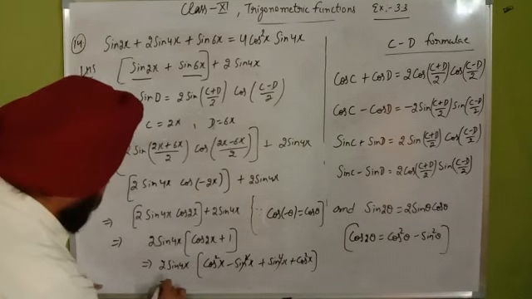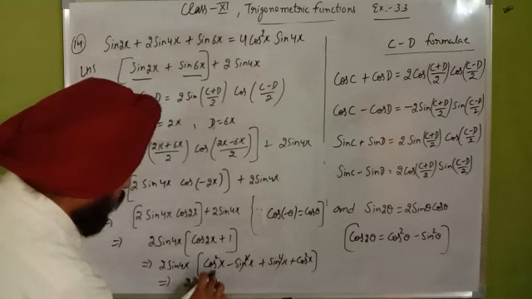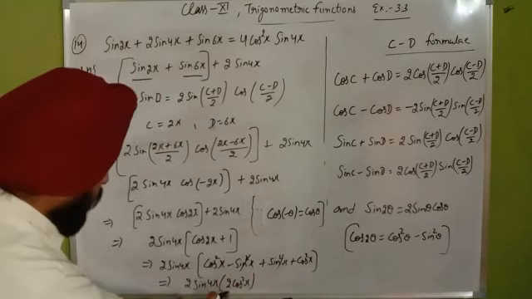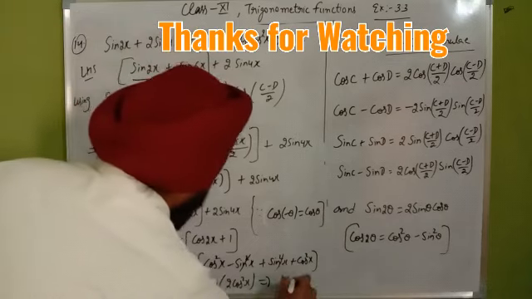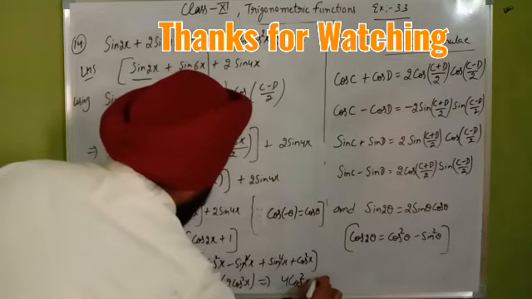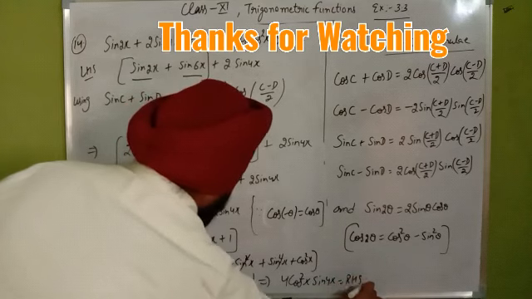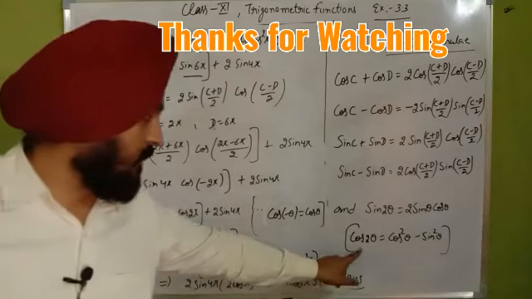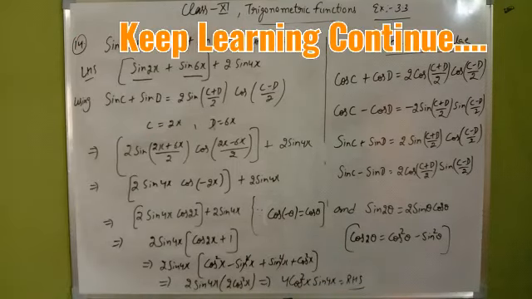Now you can check it is equal to 2 sin 4x into cos square x plus cos square x, 2 cos square x, which will be equal to 2 into 2, that implies 4 cos square x into sin 4x, which is our right hand side. That's all. So clear, you have to focus on this identity, that is cos 2 theta is cos square theta minus sin square theta. Clear?